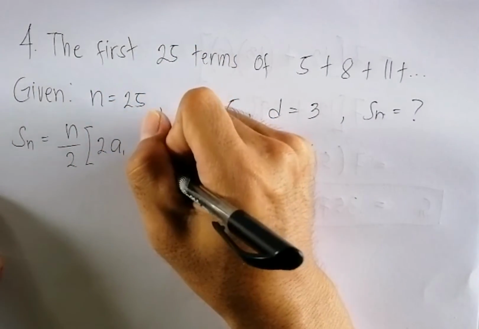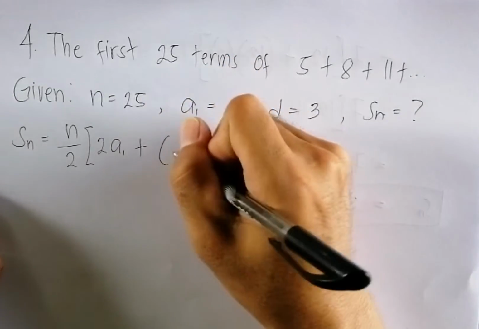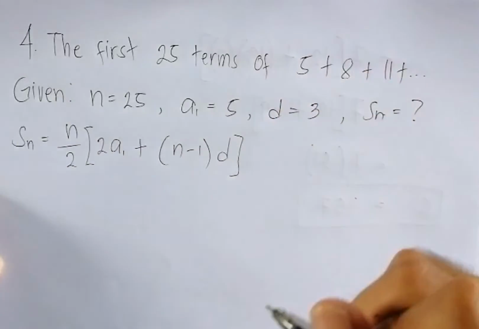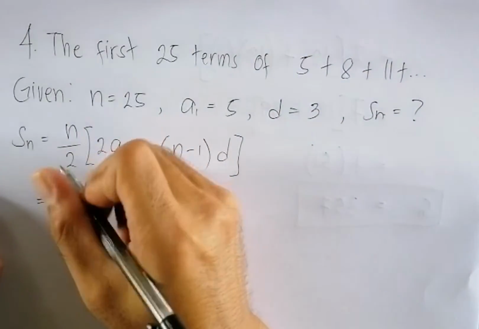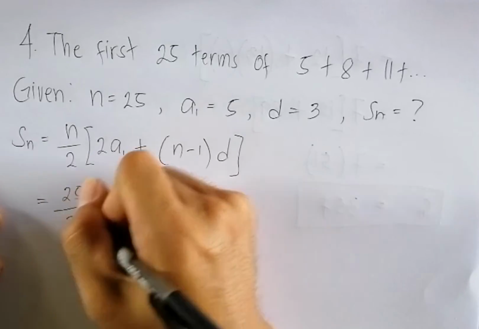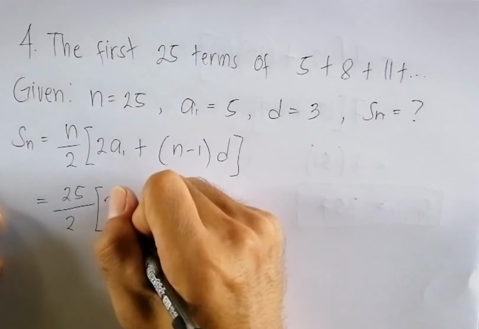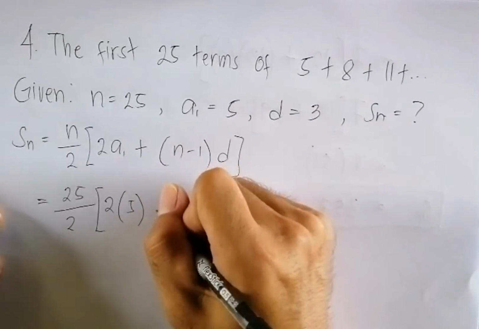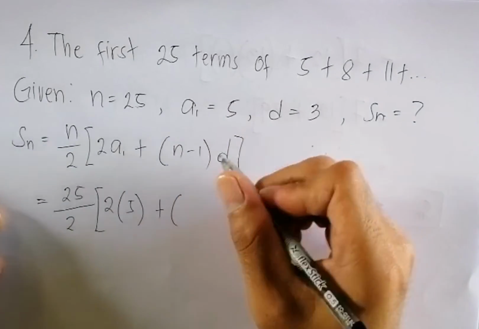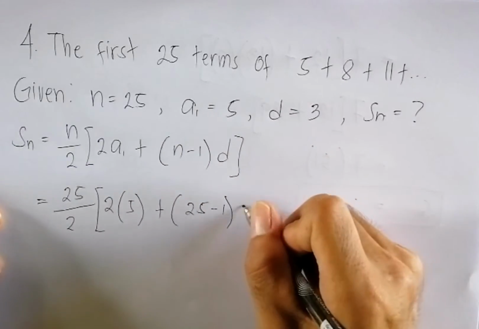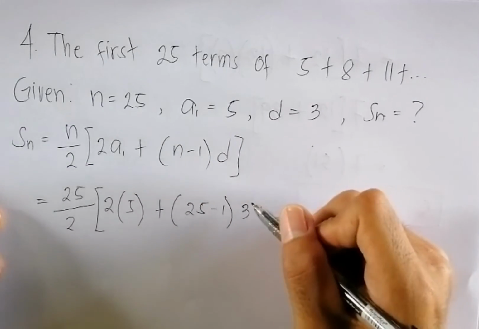Again, use this formula. So n is 25 over 2, 2 times the value of the first term, which is 5. The n is 25 minus 1 times common difference, which is 3.